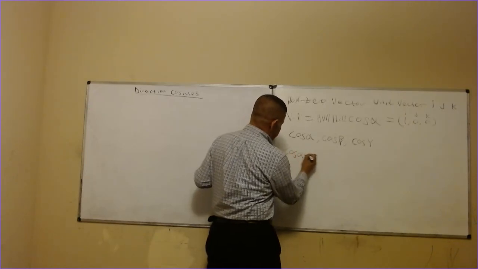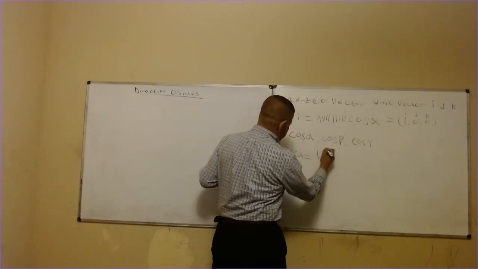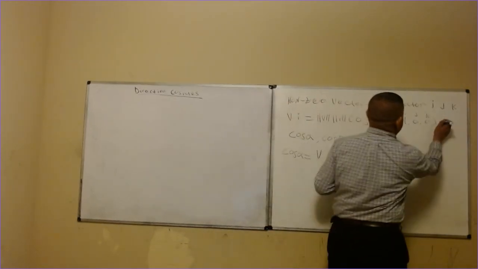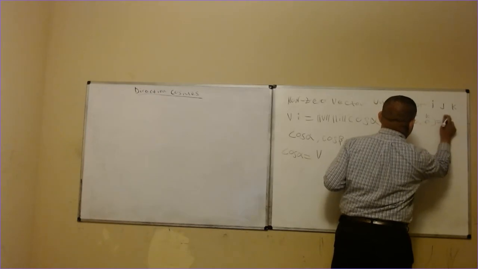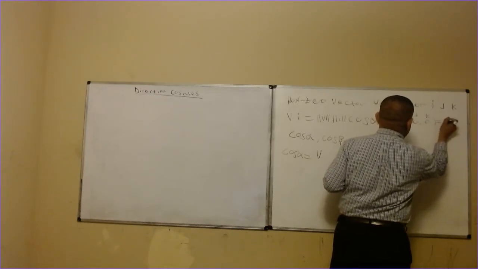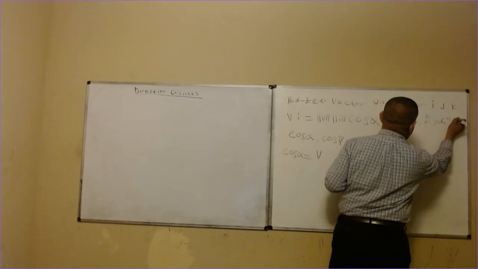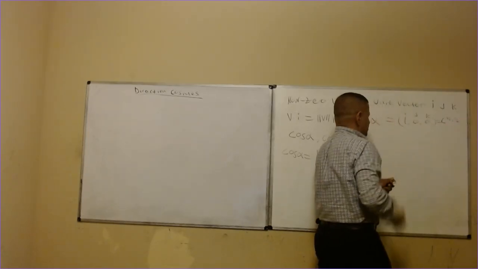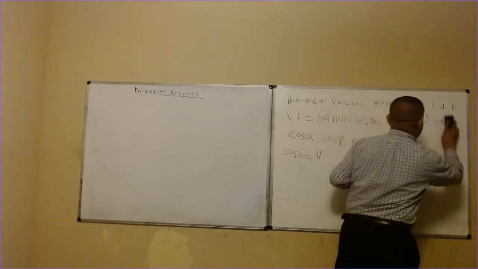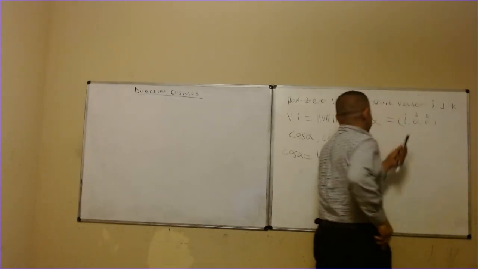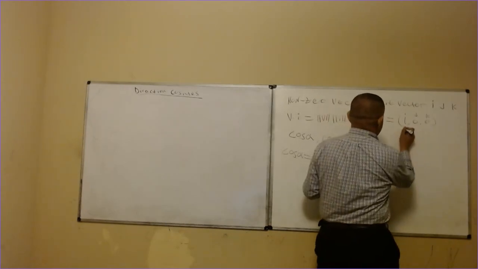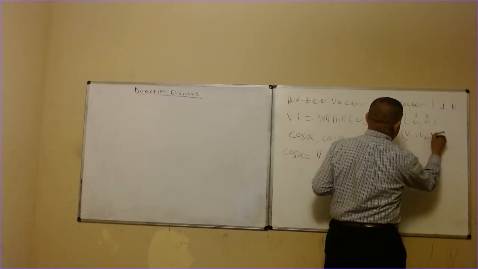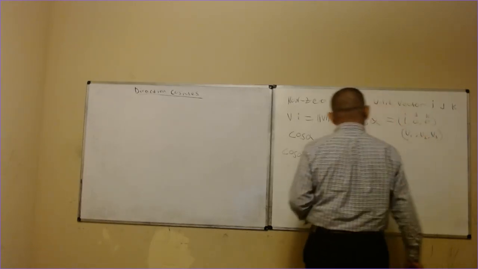cosine of alpha is equal to V1, because remember, this also represents V1, V2, V3. Actually, you know what? Let me just write it down below this a little bigger. V1 comma, V2 comma, V3, right?